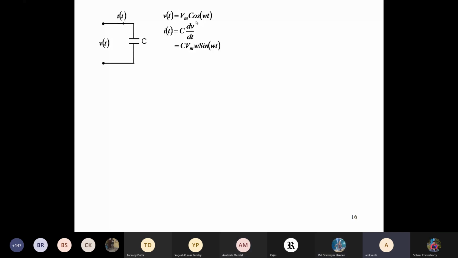Cos will give you sin omega t. Is this minus or plus? I don't know why it is written plus in my notes. Just check it. Sir, there should be minus because differentiation of cos is minus sin. Yeah, differentiation of cos is minus sin.